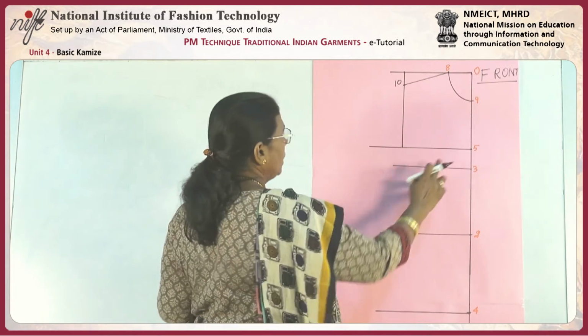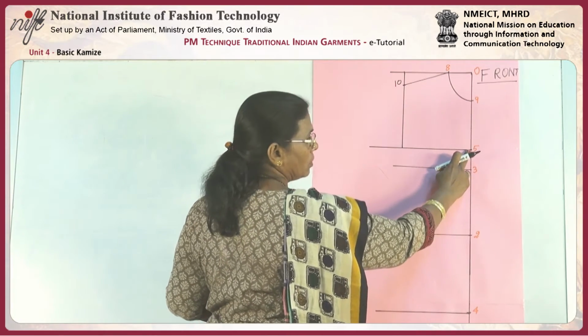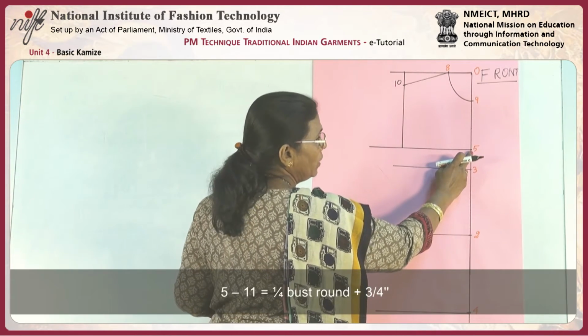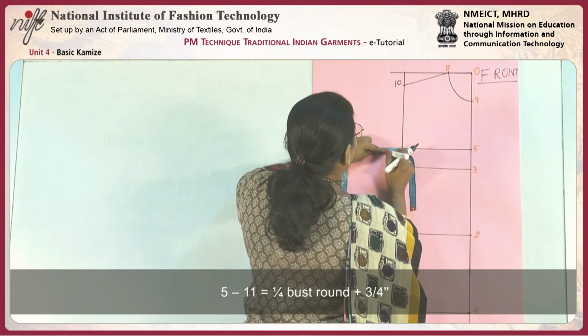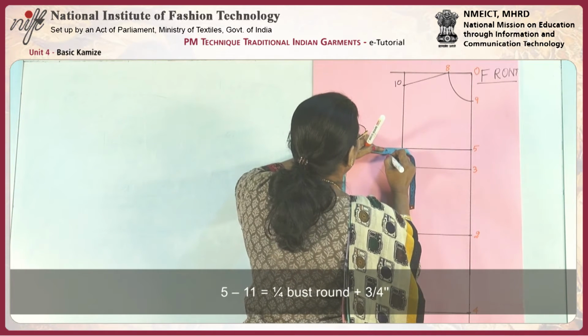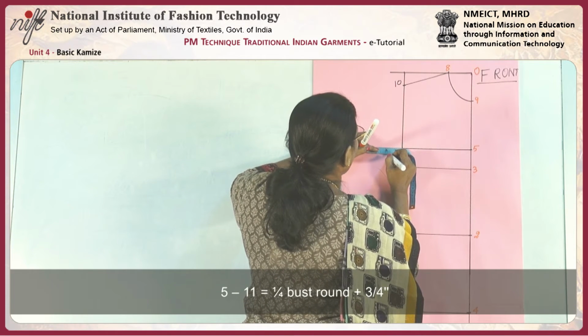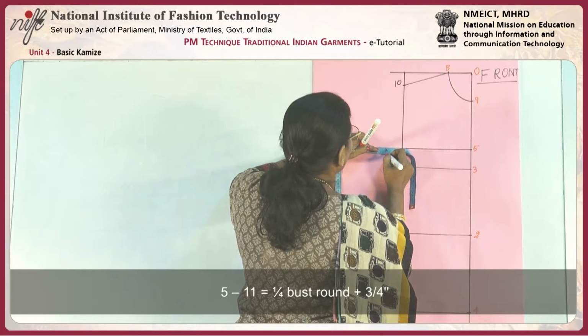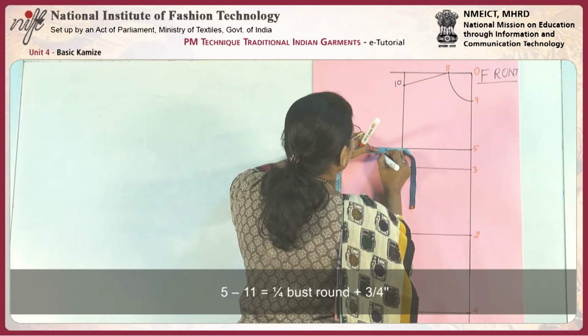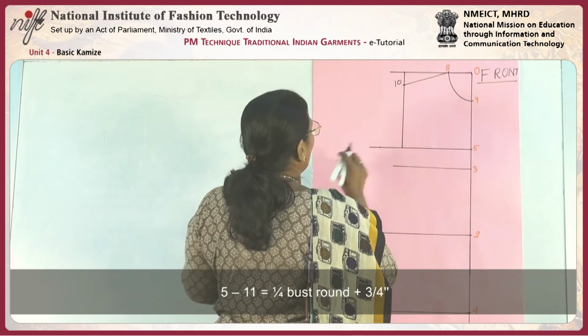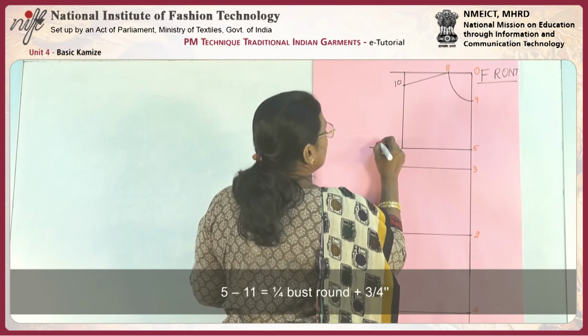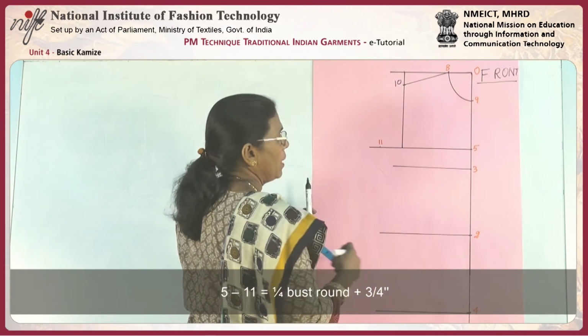Now 5 to 11 is 8.65 plus 3/4 of an inch, which is 9.5. Mark 11.